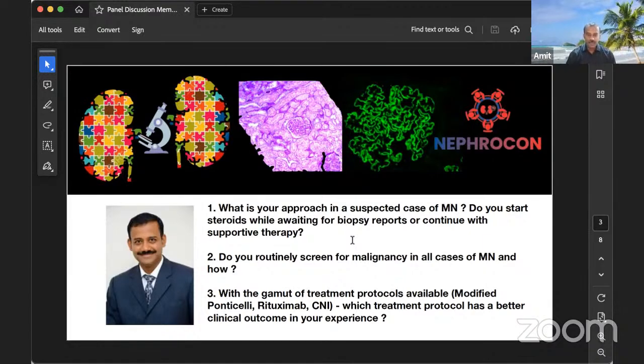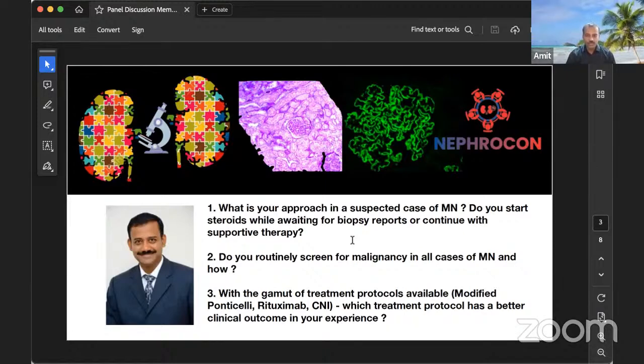After the detection of PLA2R, I have not necessarily done a biopsy in every patient who has a PLA2R positive, unless they have a nephrotic syndrome of 8 to 10 grams with albumin less than 2.5, severe edema, anasarca, or a rising creatinine. In these situations, I would maybe give them steroids, but I would still wait for biopsy findings to confirm the diagnosis and then proceed with any immunosuppression.